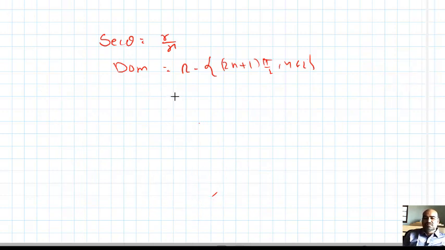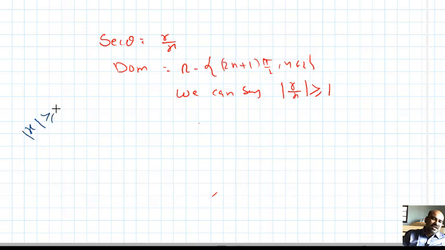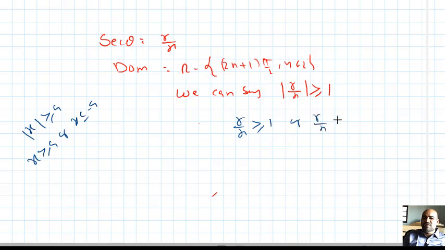mod r by x greater than or equal to 1. Already you have one formula from the inequalities concept: mod x greater than or equal to a means x greater than or equal to a, or x less than or equal to minus a. So r by x is greater than or equal to 1 or r by x is less than or equal to minus 1. R by x means secant theta.